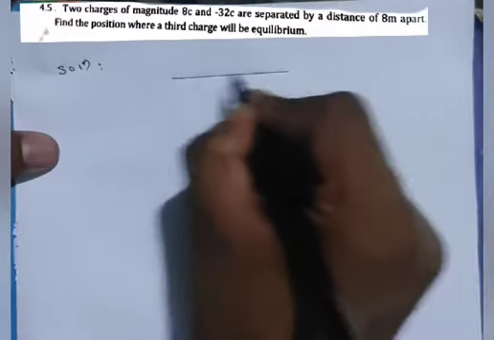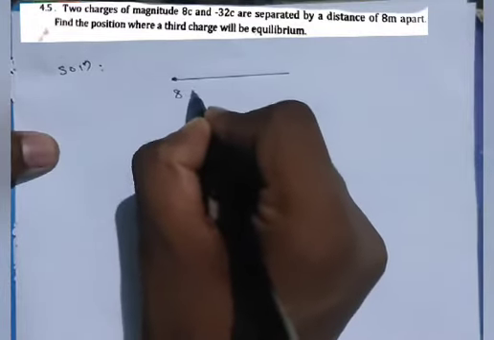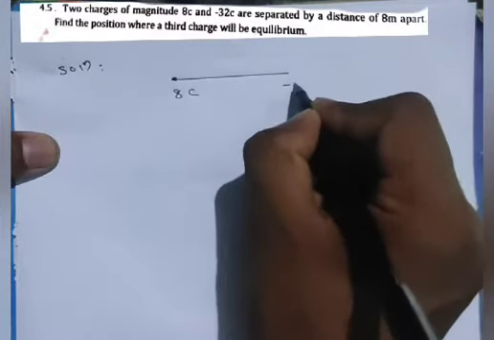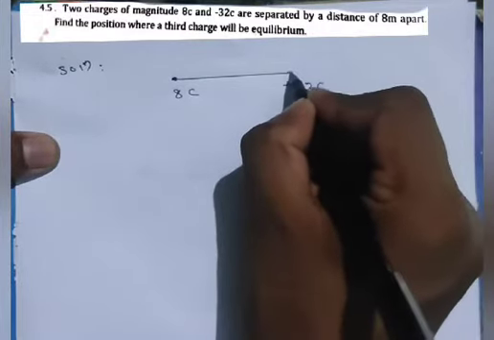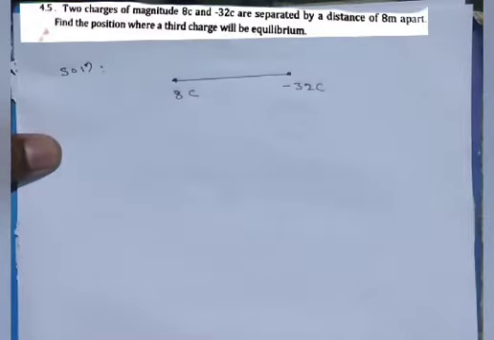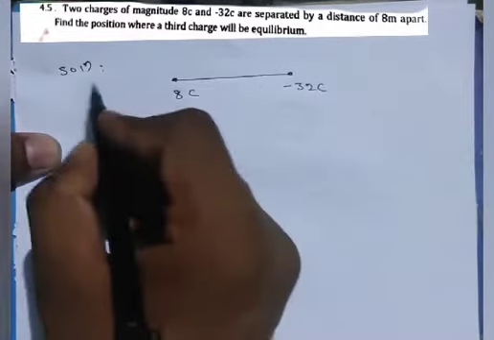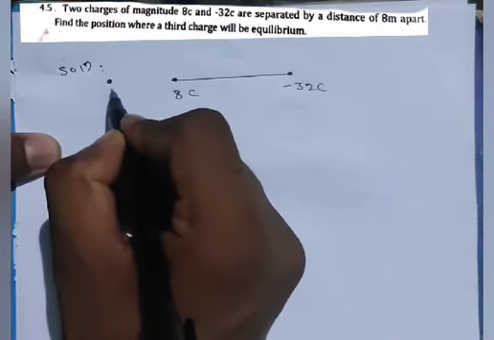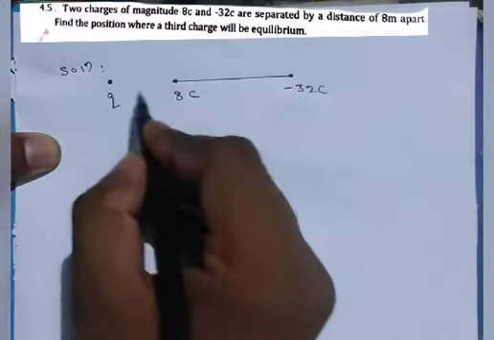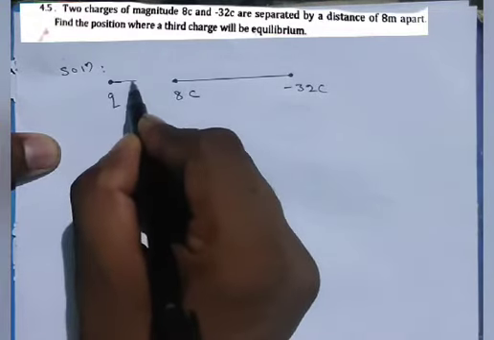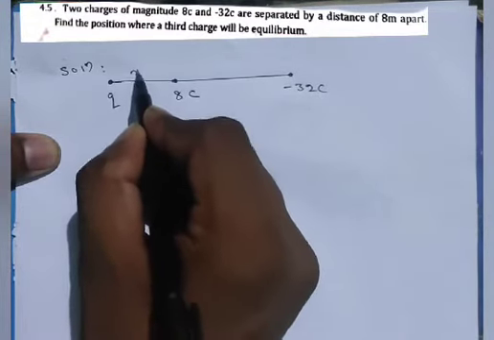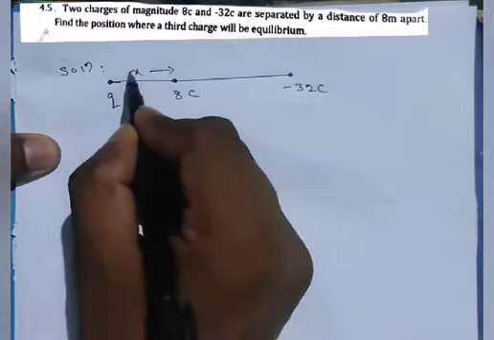So there are two charges given, one is 8 coulomb, another is minus 32 coulomb. So now a third charge is placed outside this line, meaning suppose another charge q is placed outside this line, which is situated at a distance x from the charge 8 coulomb.